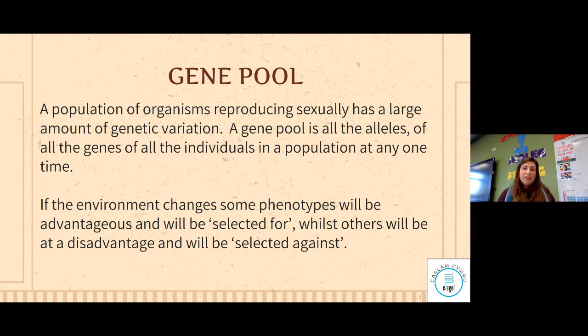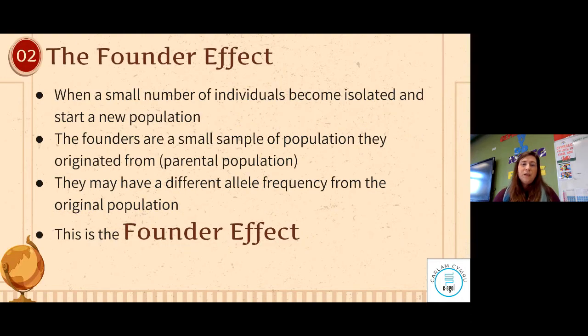So if the environment changes, some phenotypes will be advantageous and will be selected for, whilst others will be at a disadvantage and they'll be selected against. And then this has an effect on which alleles are more frequent in the population, leading to change over time.